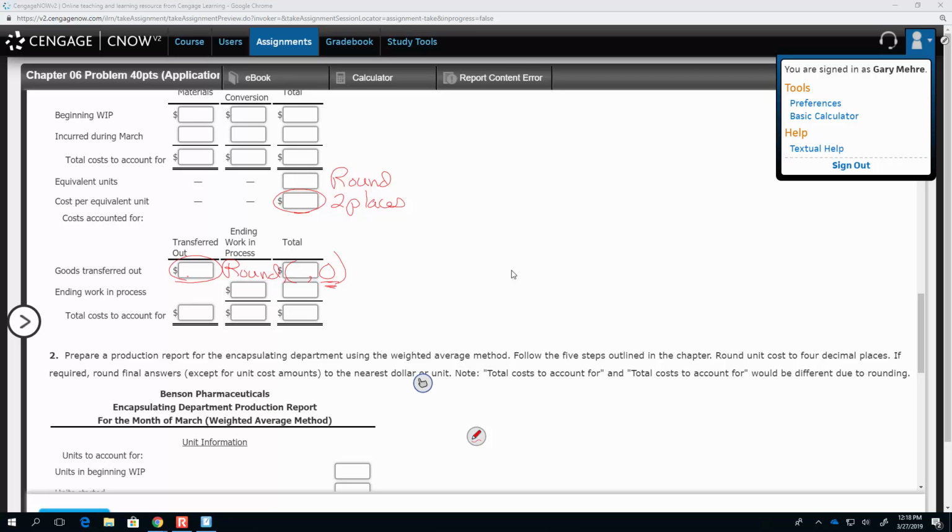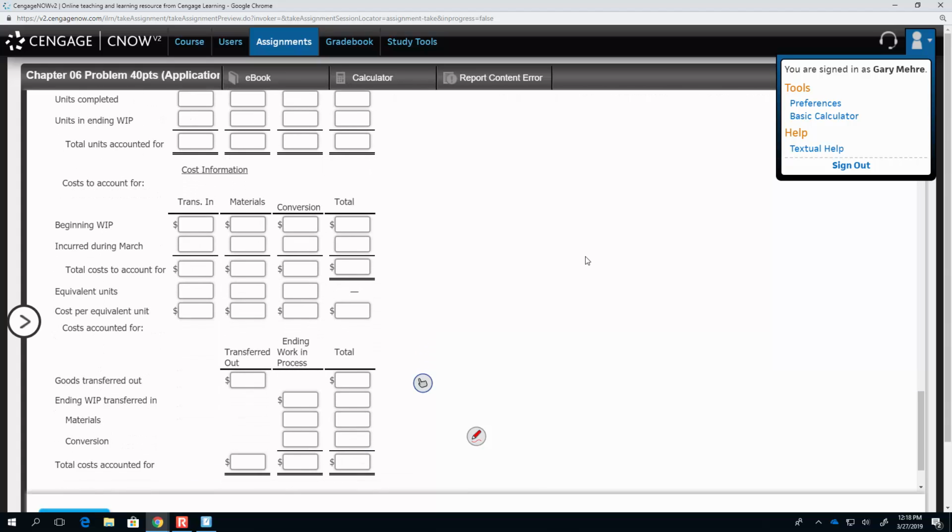Yes, I would like to see the round command in all of your formulas where you're multiplying or dividing, okay, right? The difference, though, is when you get to the encapsulating, because the numbers are so big, for the cost per equivalent unit, I'm going to capture this again. Here's the second department. Cost per equivalent unit, round to 4 places.